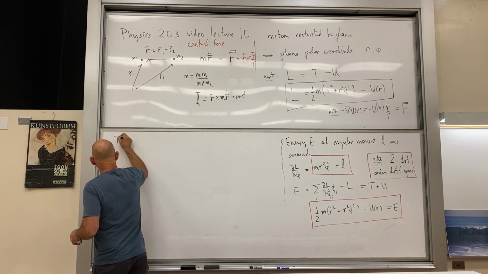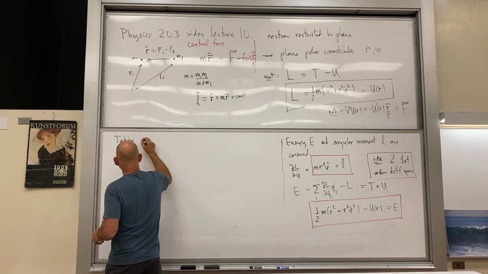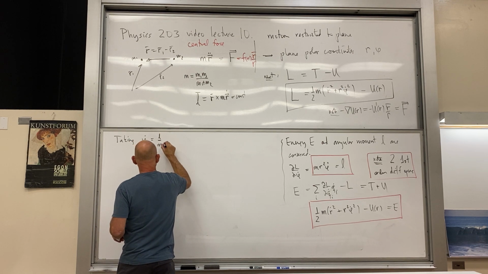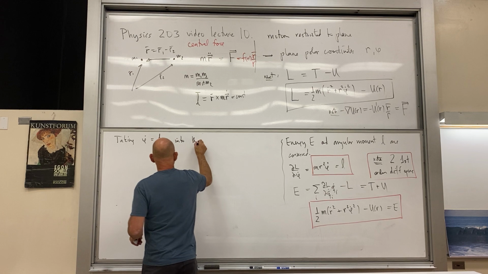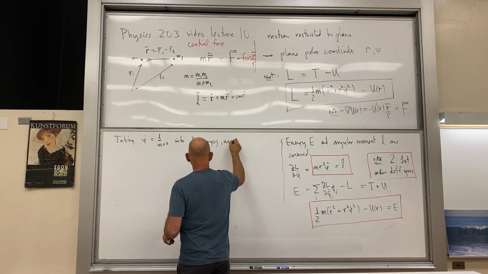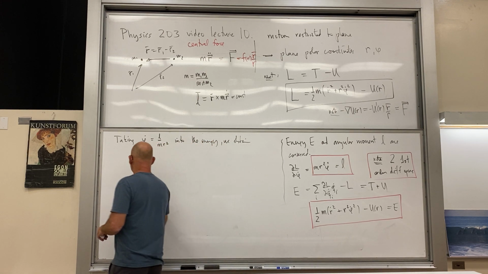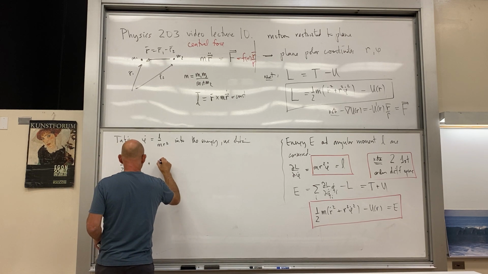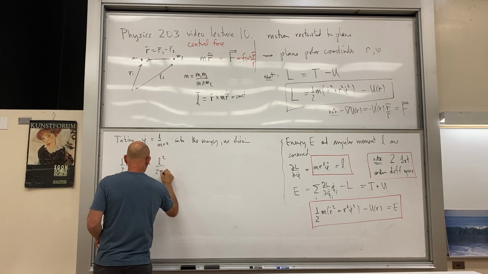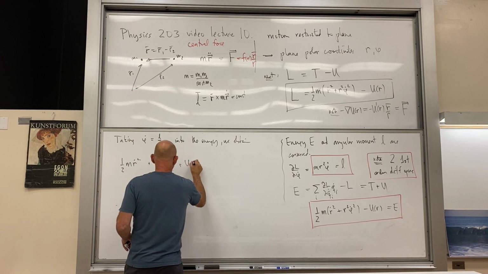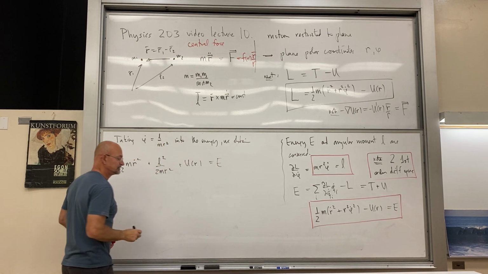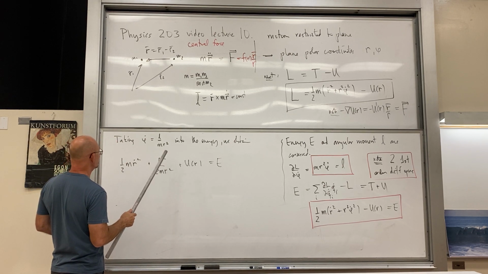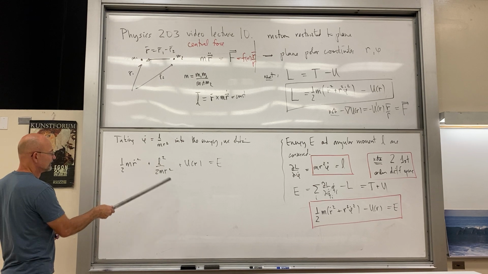So taking phi dot equals L over m r squared into the energy, we obtain 1/2 m r dot squared plus L squared over 2m r squared plus u of r is equal to E. Right? r squared phi dot, m r squared phi dot squared turns into here.